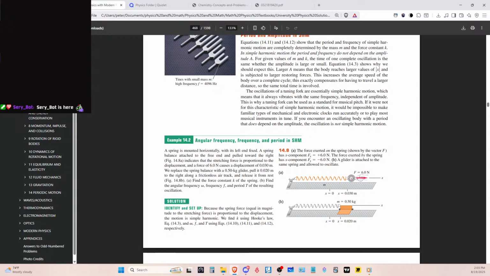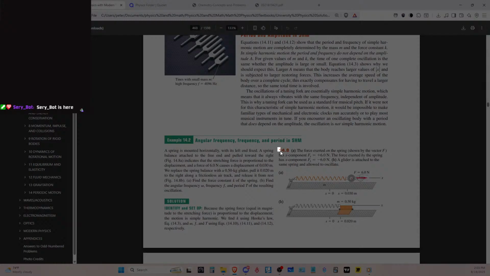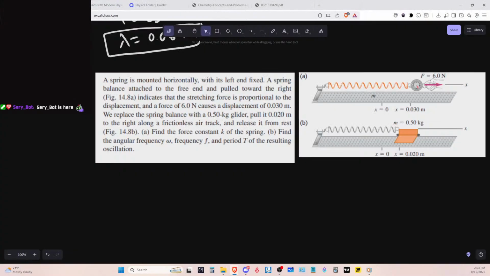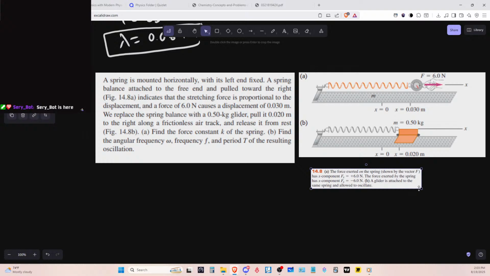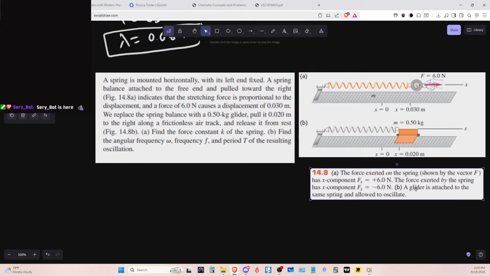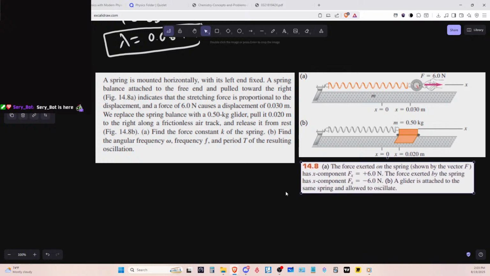Okay, this is the description. I'm trying to make sure that I don't look at the answer. Okay, so that's included. Paste that there, just in case there's other info that can help us in the problem. Okay, so let's see.